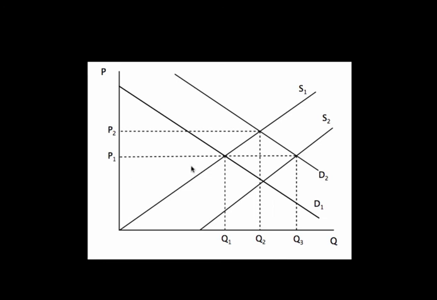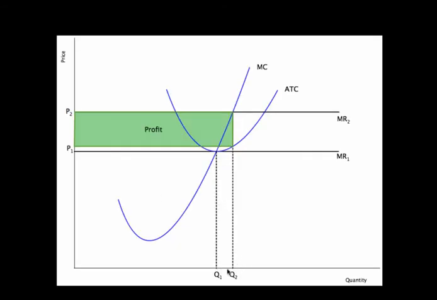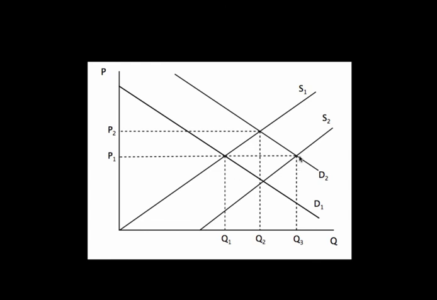And in the market, we have a new equilibrium where we have more quantity in the market because we have more firms that have entered, but all of our firms go back to producing Q1. So each firm is actually producing less than it was in the short run, but now we have more firms each producing Q1, which corresponds to this new long run equilibrium in the market with more firms.